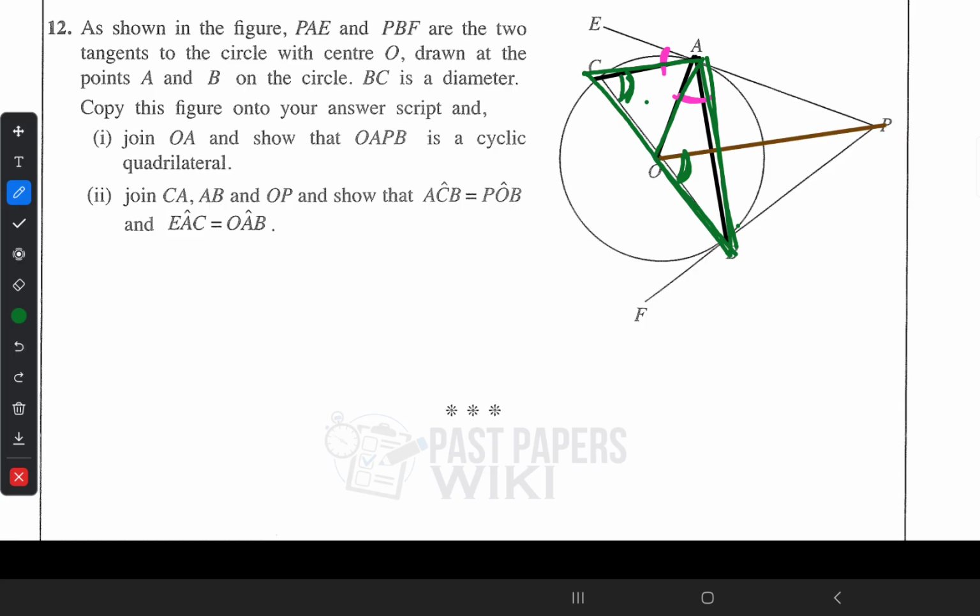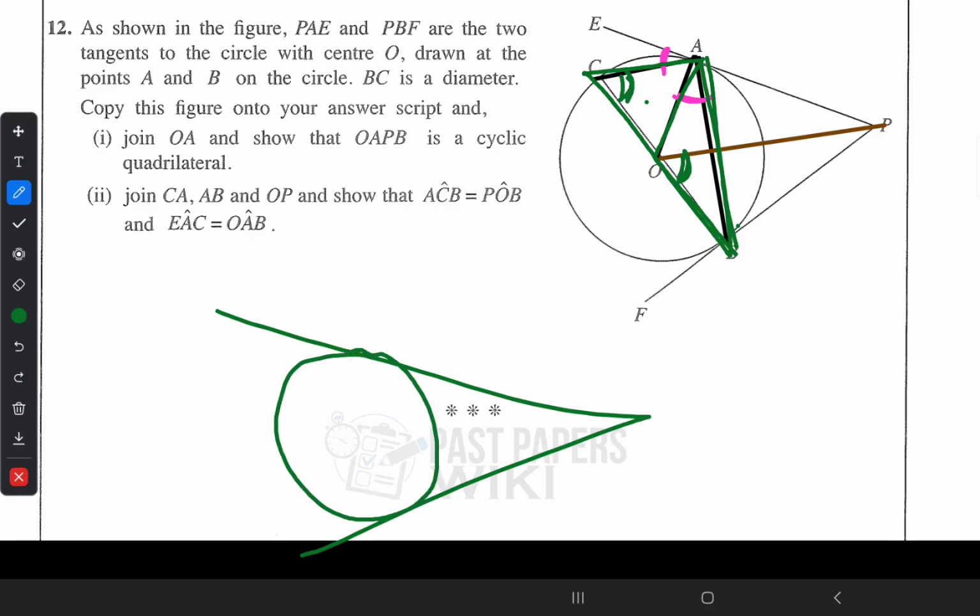We know one theorem: when you draw two tangents and connect them, they create some angles. When you connect the center and the intersection of those two tangents, that will bisect this angle into two equal portions, and this angle also into two equal portions.